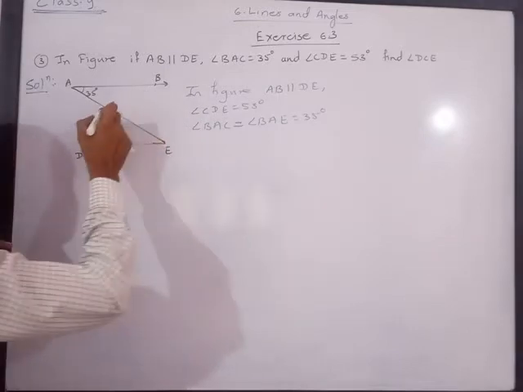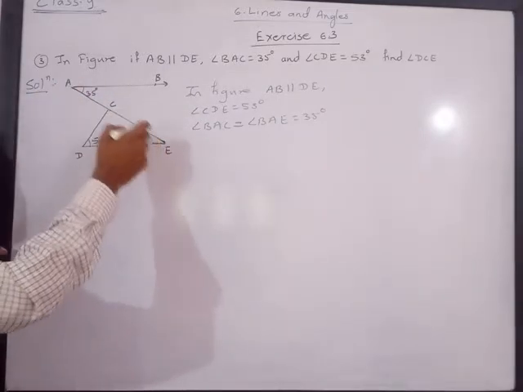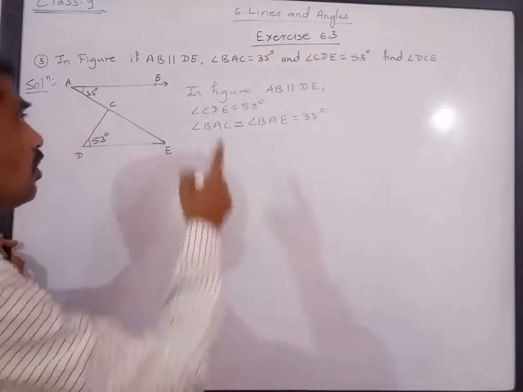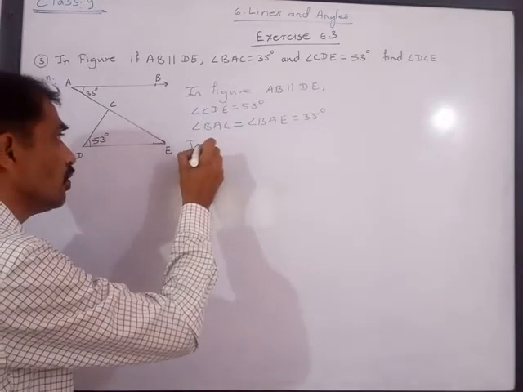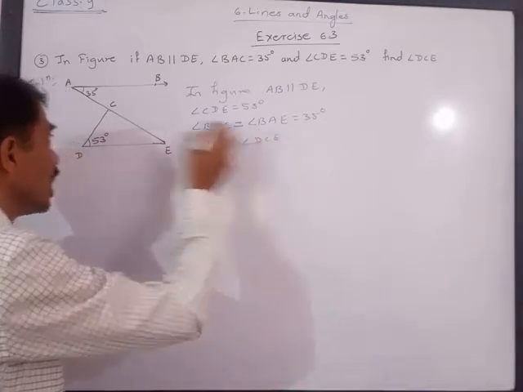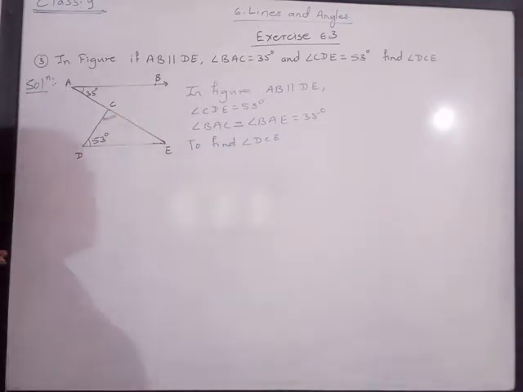Please watch carefully. This C is between A and E, so I can say BAC also and I can say BAE also. Now we are asked to find angle DCE.